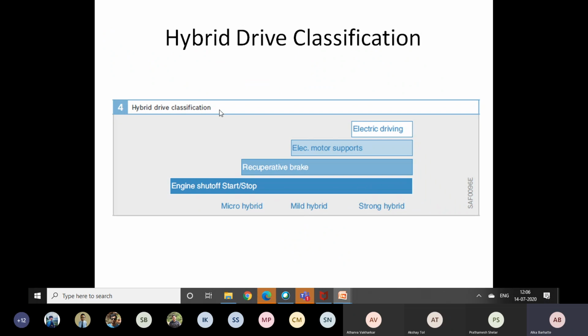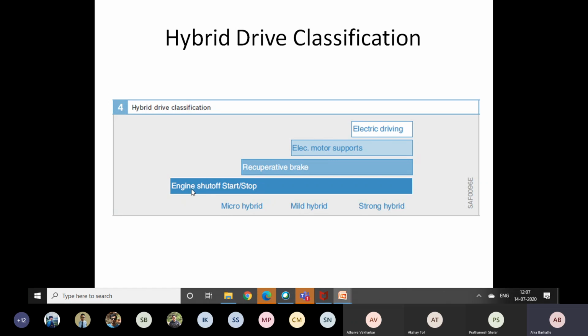Apart from that, it can also be represented as micro hybrid, mild hybrid, or strong hybrid. It depends on the controls or capabilities your vehicle has. If the vehicle only has the start-stop function, where the engine shuts down whenever you are waiting at the signal or have halted your vehicle, then it only controls your engine.